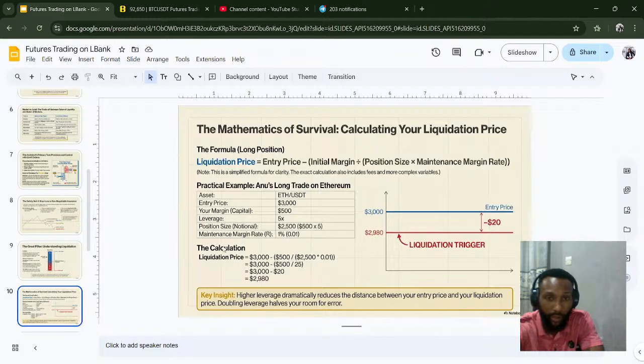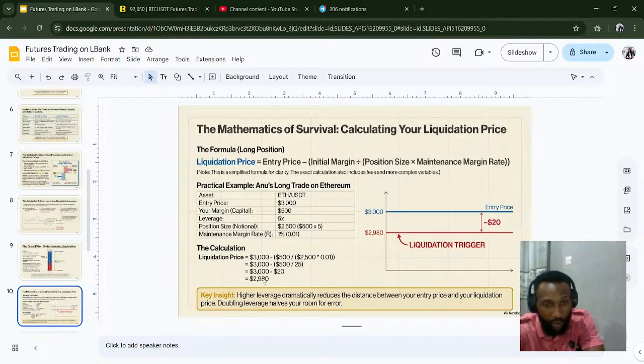Then your maintenance margin is 1%. Maintenance margin rate is 0.01. All right, so here's the calculation. You can see it, and we arrived at $2,980, which is about $3,000.